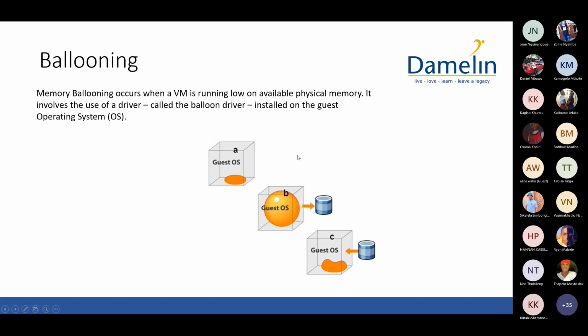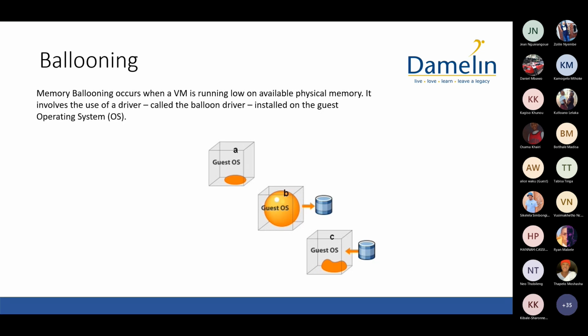So if guest A is not running, then it will not use that RAM anymore. It will only use it when it needs it. Just because we are allocating you that RAM doesn't mean it's fully reserved for you and nobody else can use it. We refer to the concept as ballooning because it only takes those resources when it's running.